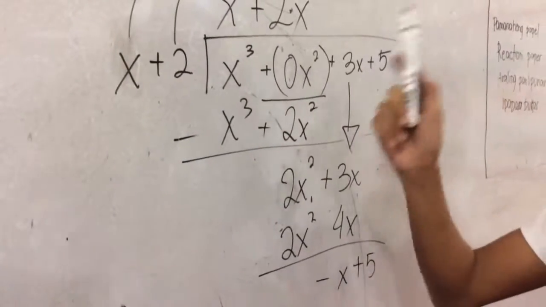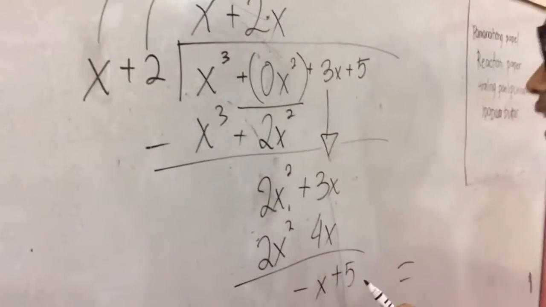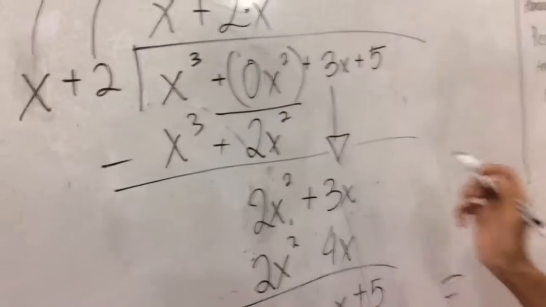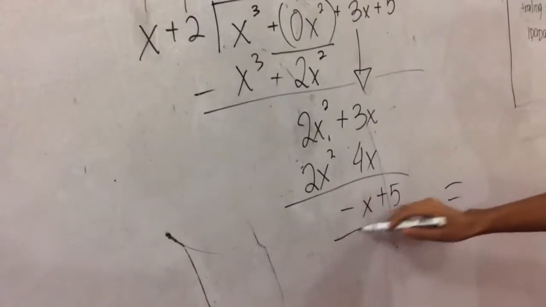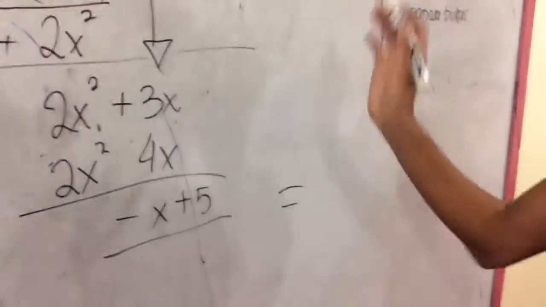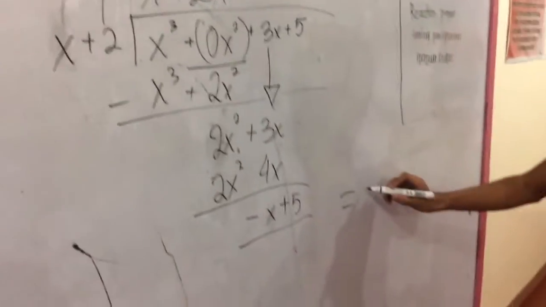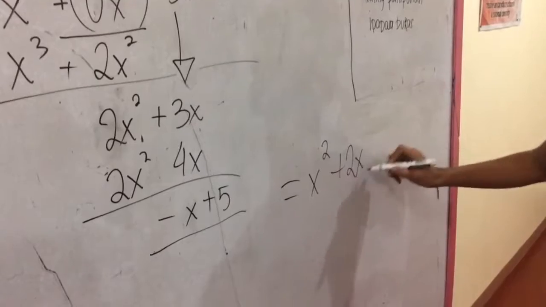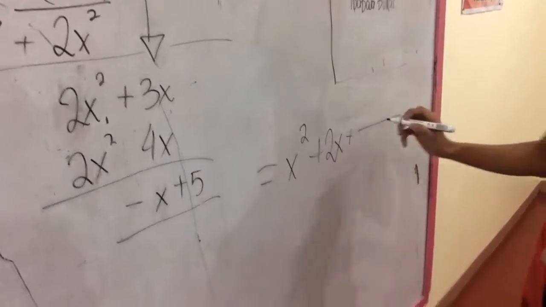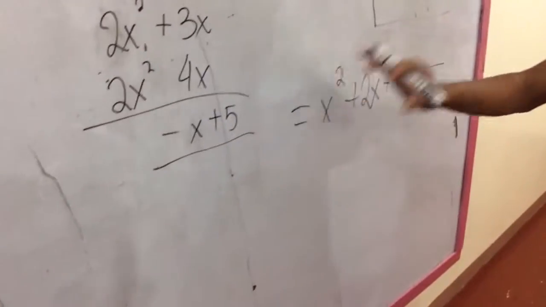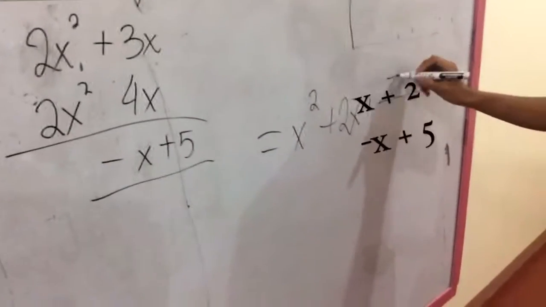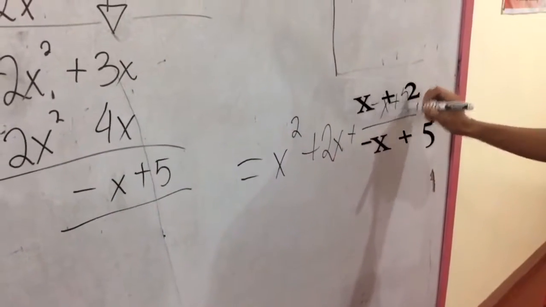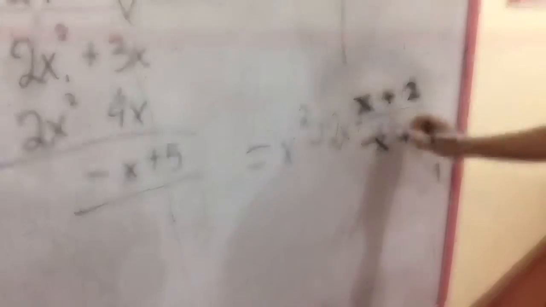And 2x times 2 would be 4x. Then you just minus it, which would be negative x plus 5. So the answer for this question would be x squared plus 2x plus, since it's not dividable anymore, negative x plus 5 over x plus 2.